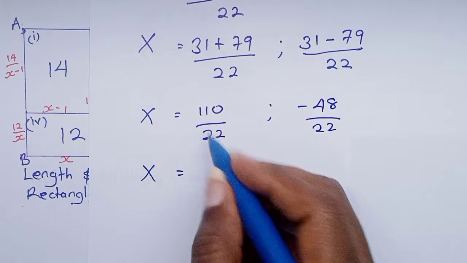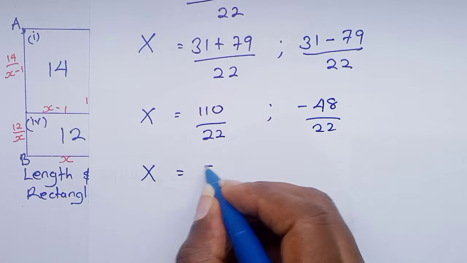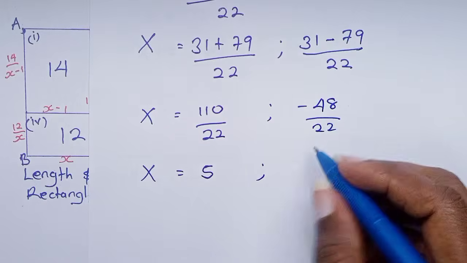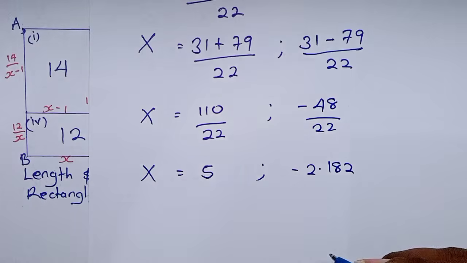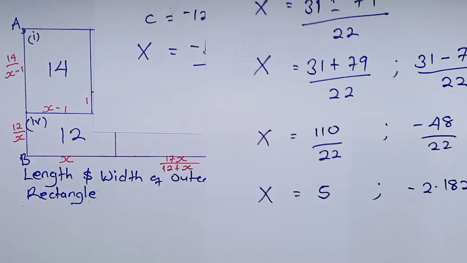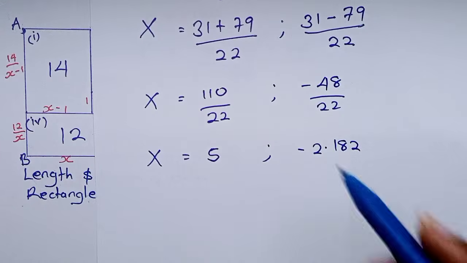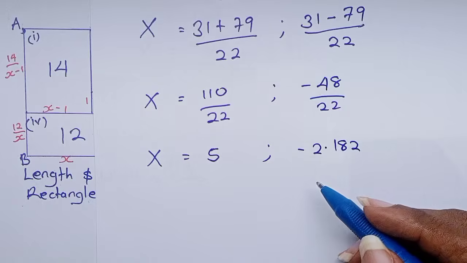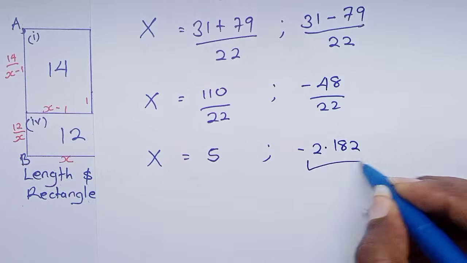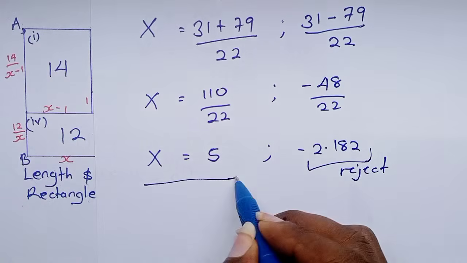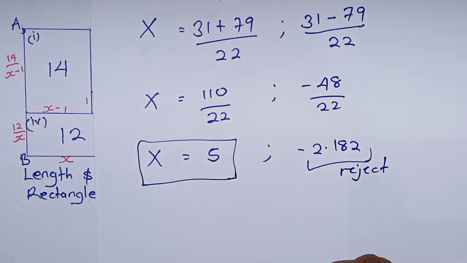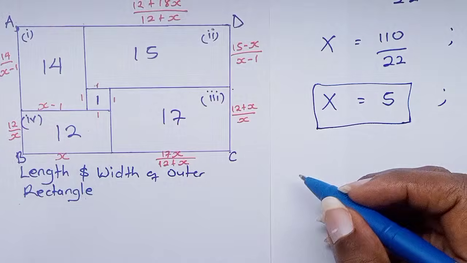So when you divide this, you get 5, and when you divide this, you get negative 2.182. Now, since x represents distance, our value of x cannot be negative because distance cannot be negative. Therefore, we reject this solution and consider x equals 5 as our value of x.